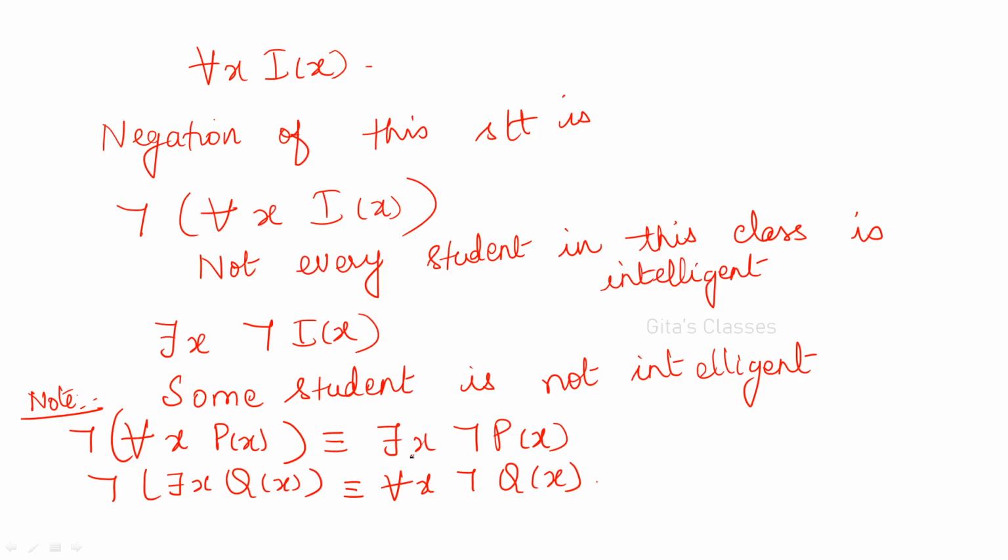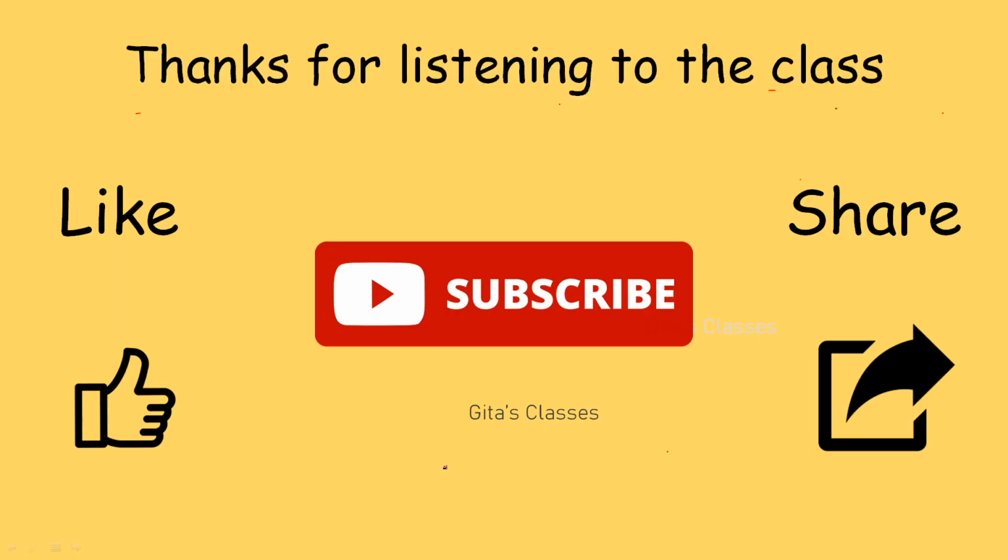So don't do that. So for negation, for all will become there exists, there exists will become for all. Okay. Hope you understood, and I think it will be useful for you.